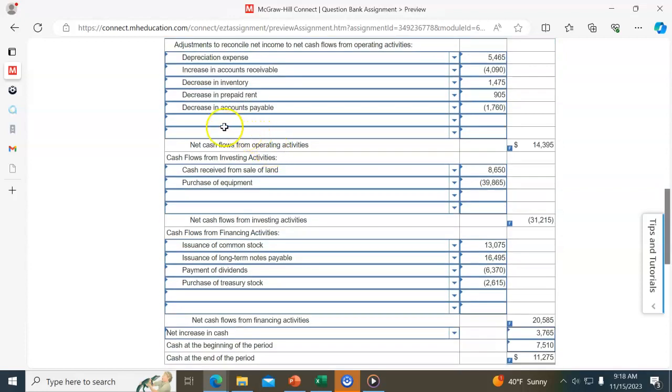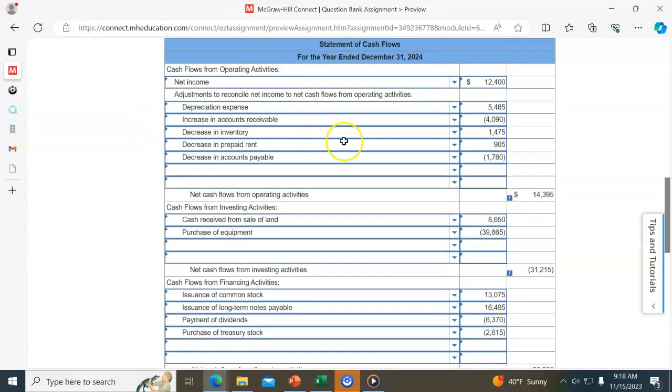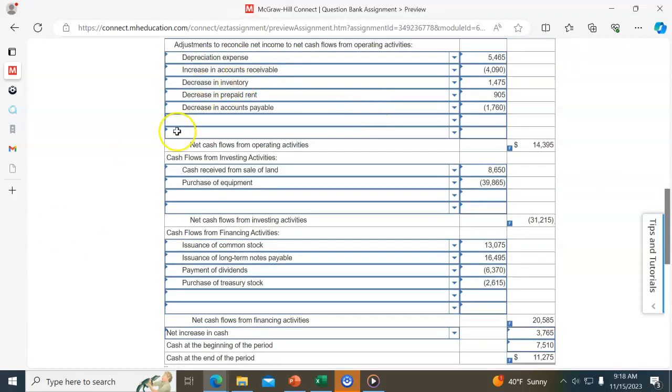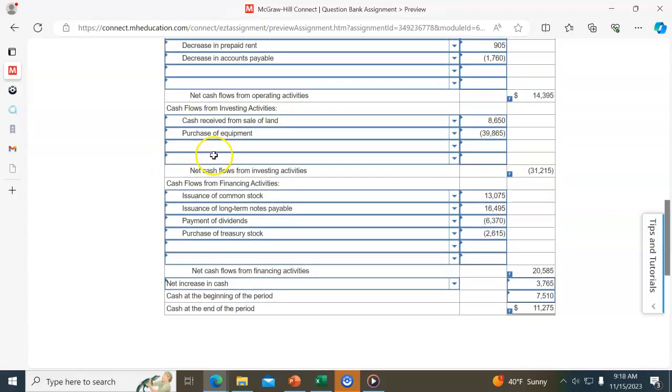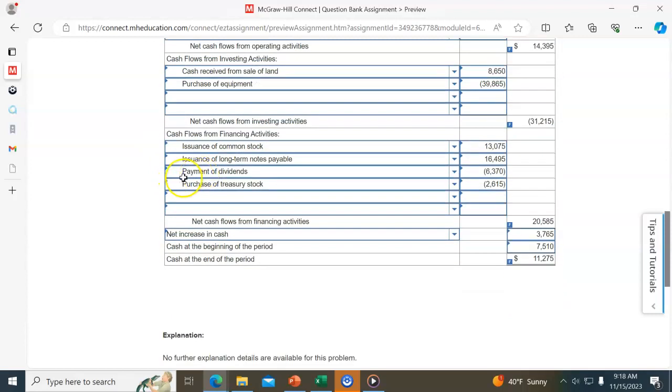Then you do, here's your operating section. Okay? Then here is your inflows and outflows from investing. Here are your inflow and outflows from financing.